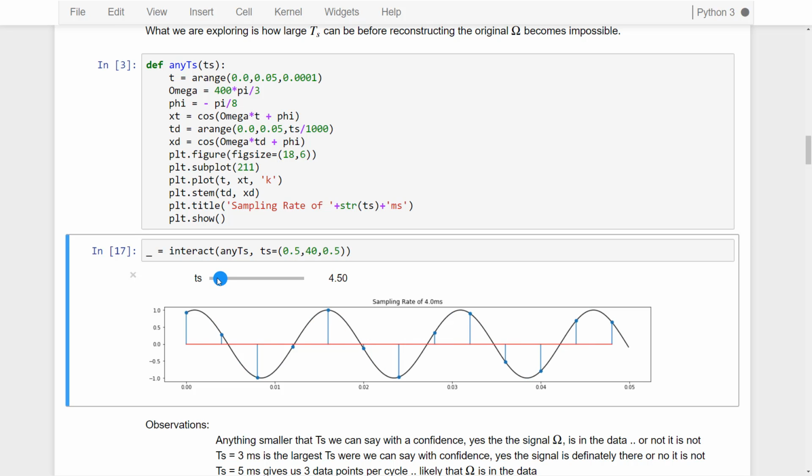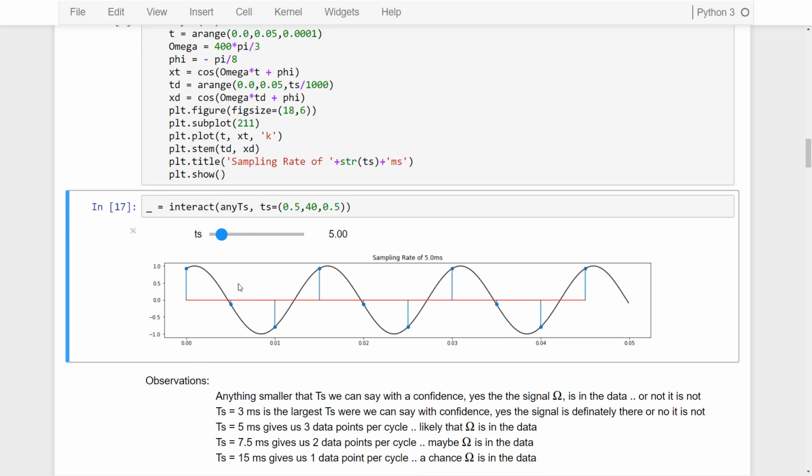Here's 5. And that gives us 1, 2, 3 bits of data to reconstruct the sinusoid. And you can see that we're getting closer and closer to not being able to have confidence in this pattern. If we look at 7.5, that's giving us 2 samples per cycle.